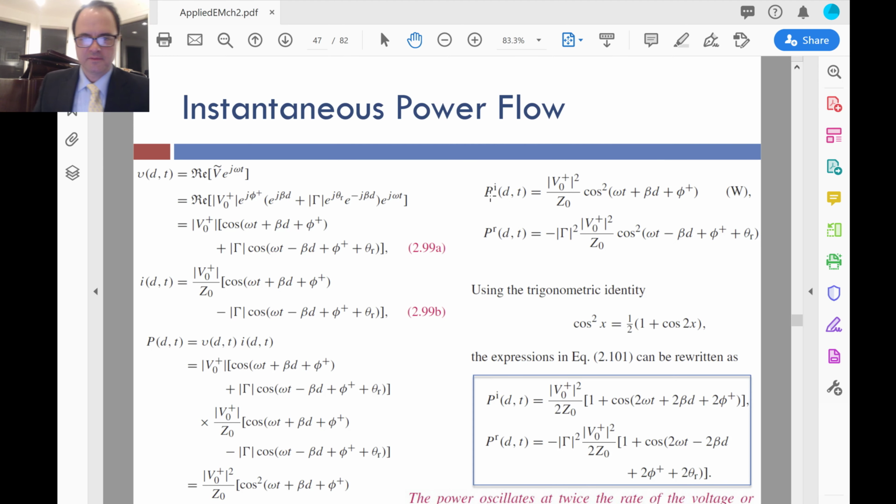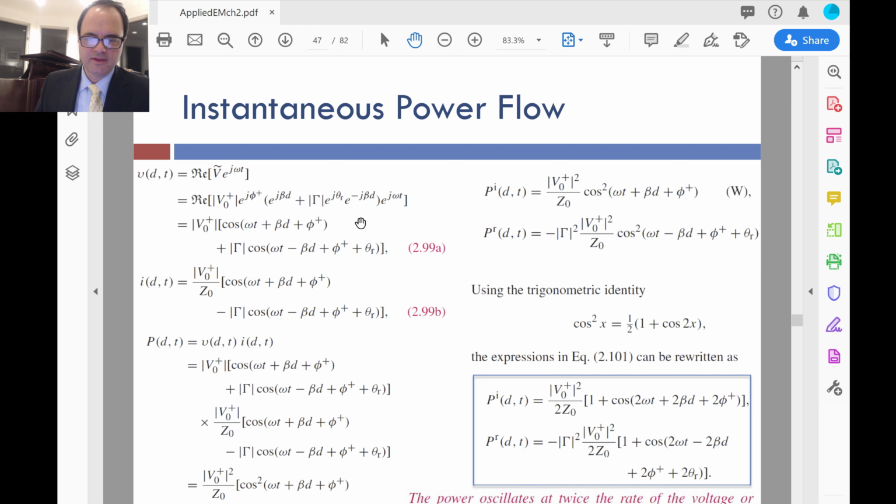Okay, so now we've covered those 4 special situations, but what we still have yet to do is to talk about instantaneous power flow. Instantaneous power flow, that's power as a function of time, and the power as a function of time is given by the product of voltage times the current, both being functions of time.